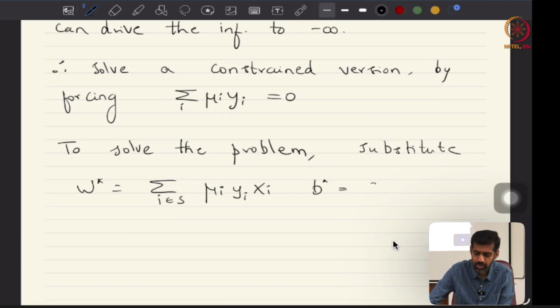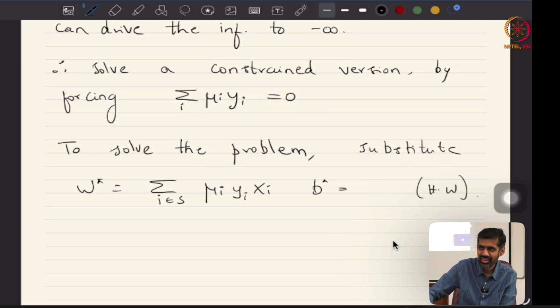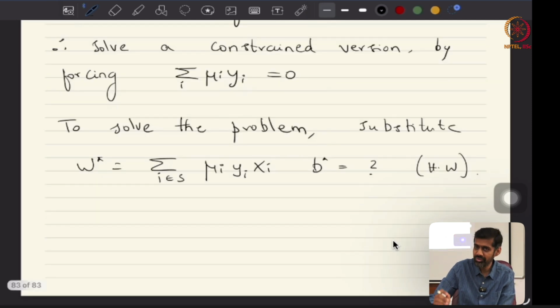I leave what the optimal b star is. Please do the algebra and find out what the optimal b star is for the primal problem. It's good to have homeworks. So find out what the optimal b star is for the primal problem.